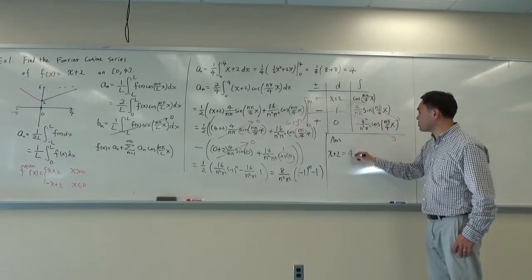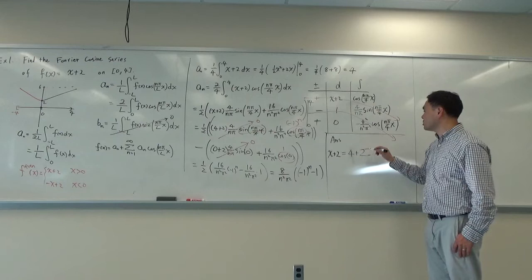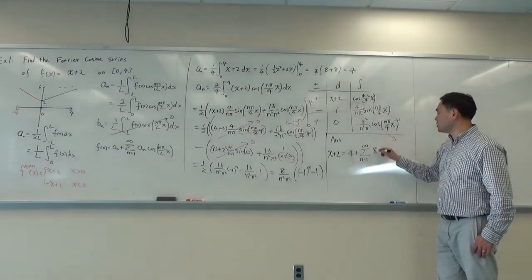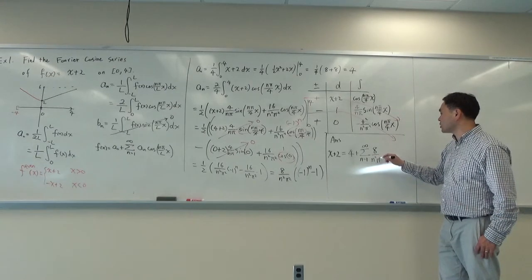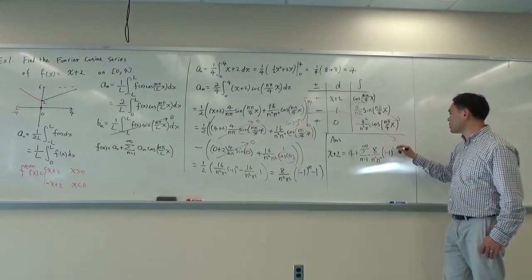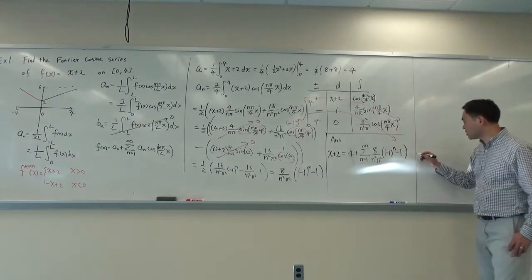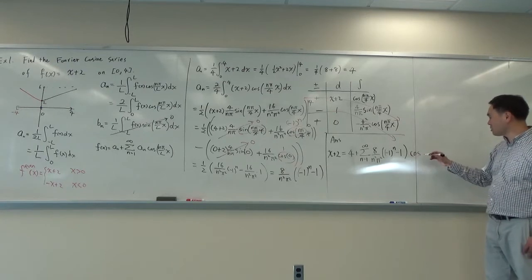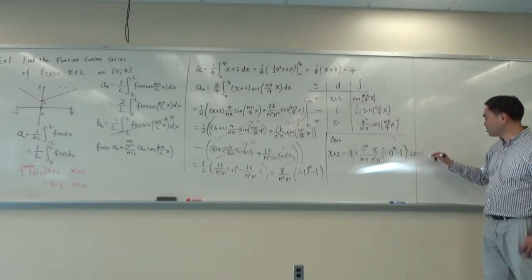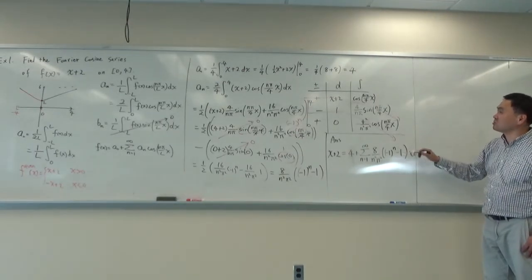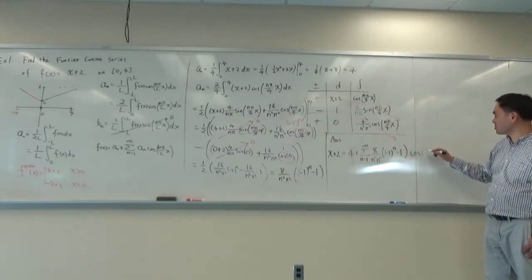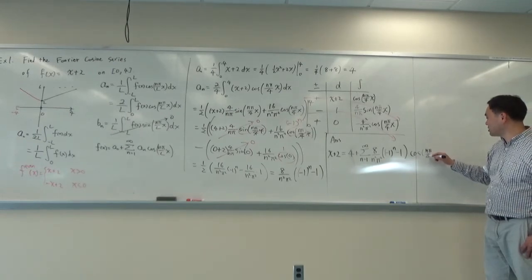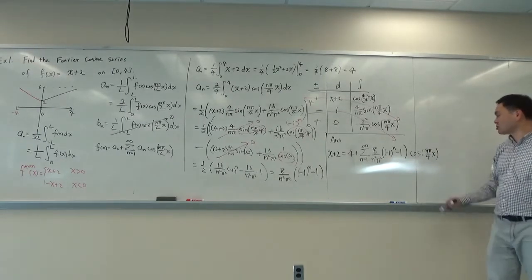So it's 4 plus the summation of n equals 1 through infinity of 8 over n squared pi squared negative 1 to the nth power minus 1. I need more space, so forgive me if I'm going beyond the boundary. Those with OCD might be suffering right now because of what I'm doing. Right, so you have cosine n pi over 4 x. So that's the answer.